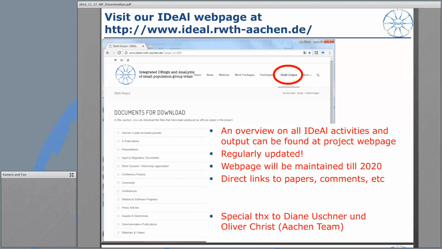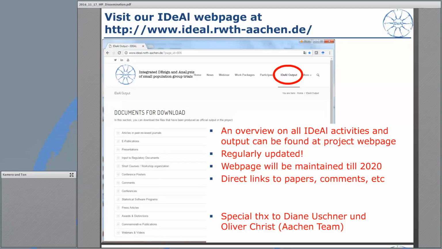So let's start with the more traditional way of dissemination, our webpage. If you haven't done so, please visit our IDLE webpage; you can see the URL on the top of slide number 9. There you can find an overview of all IDLE activities and outputs. The webpage will be maintained till 2020 and updated whenever something IDLE related is happening.